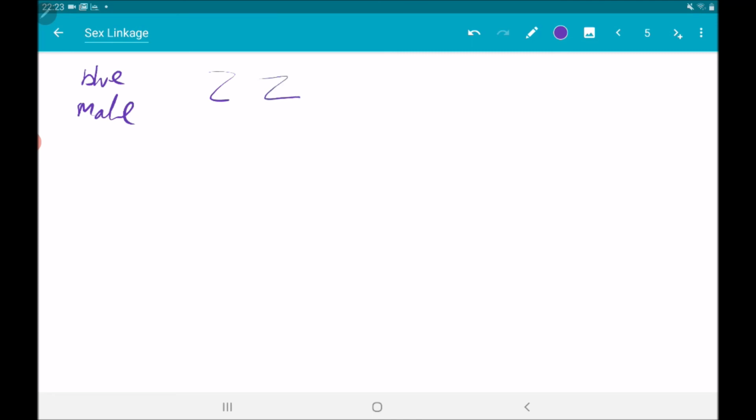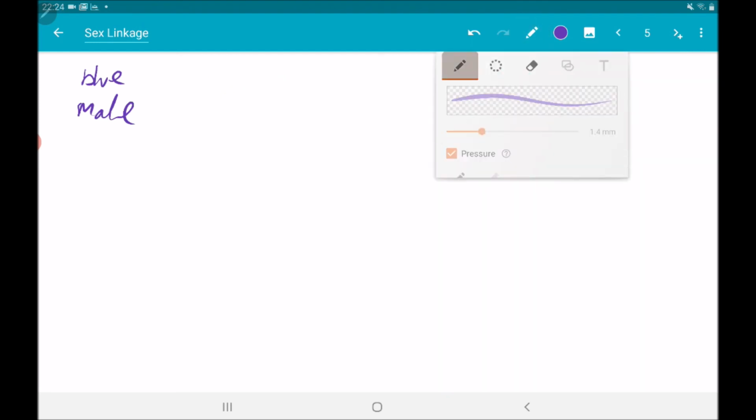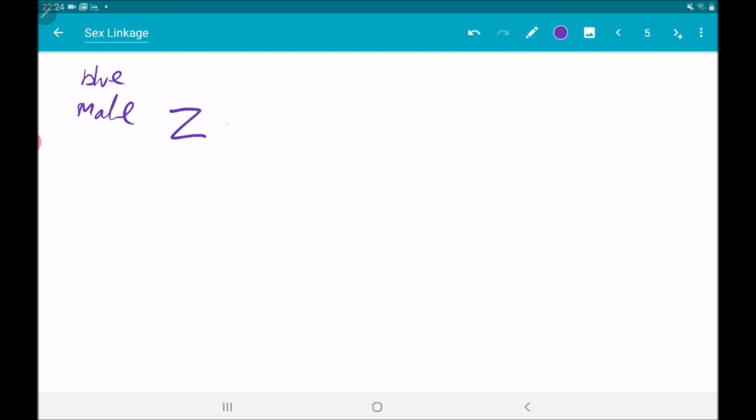He's blue, so he must have the blue allele. He's ZZ, but he's blue, so he's Z^Bl. Now he's heterozygous, so the other one's got to be different. It can't be red because he'd be red, so the other one's got to be brown, otherwise he wouldn't be blue.